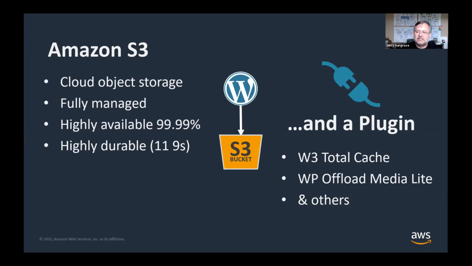And then they replace the URL to each of those media files with its respective S3 URL. You could also use it with Amazon CloudFront or other CDNs, and you can also do this with image thumbnails. So this solves that particular problem of accessing shared media from separate WordPress instances.